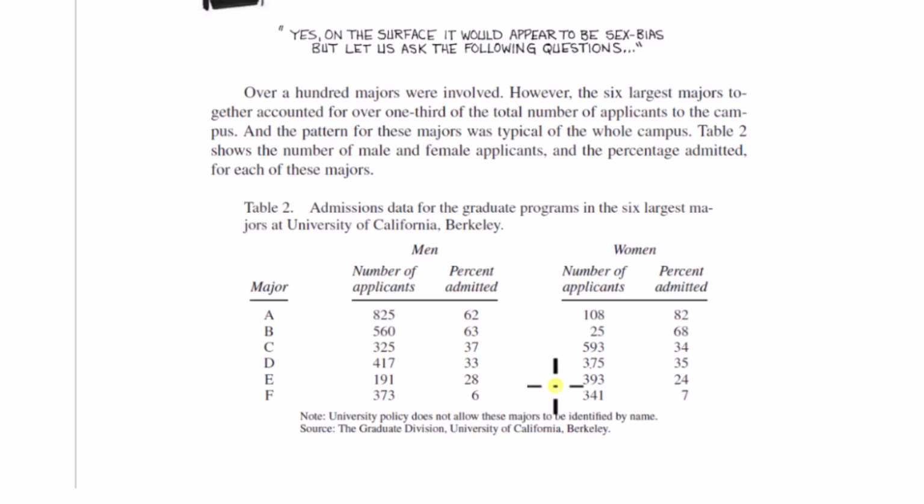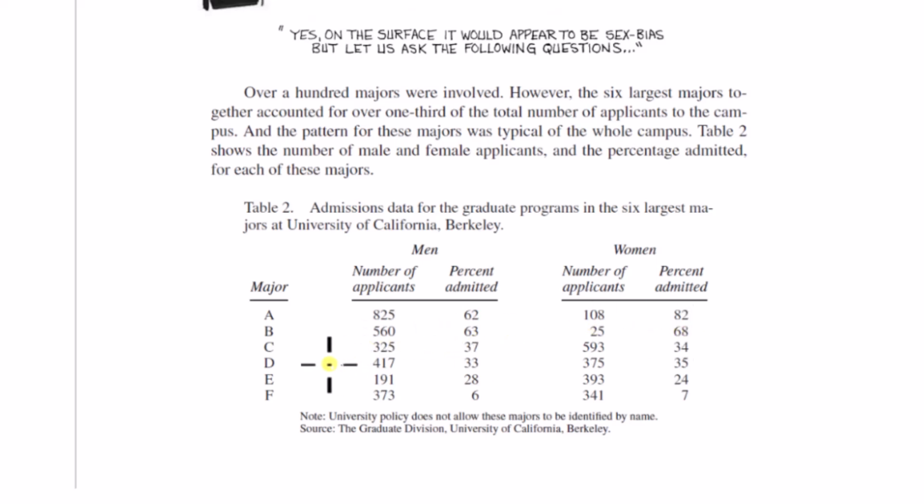If you add up the total number of males accepted divided by the total number of male applicants, that's 44%. Add up the total number of women accepted divided by the total number of women applicants, that's 35%. And the other 90 majors have nothing to do with this. This pattern is representative of the whole school. So that's weird, right?